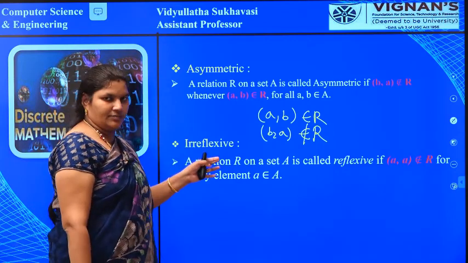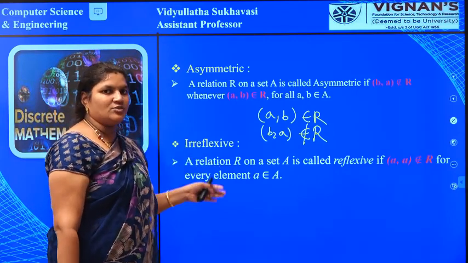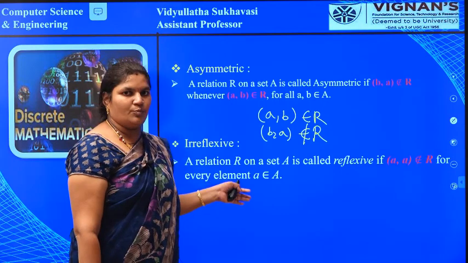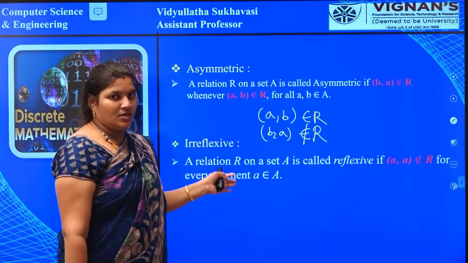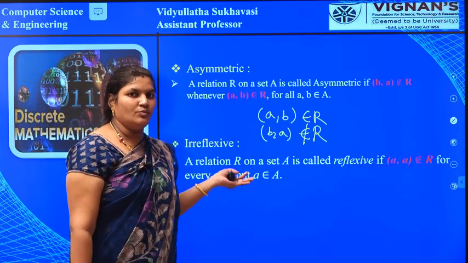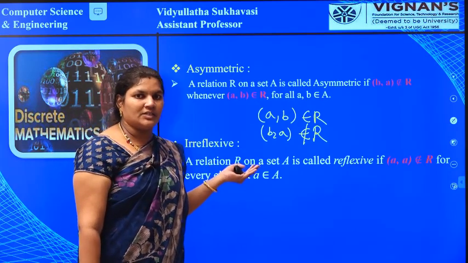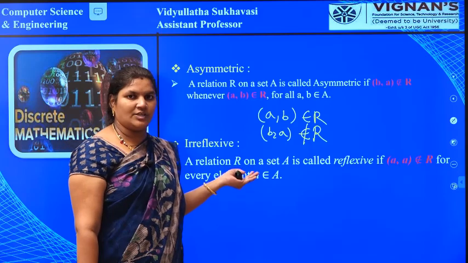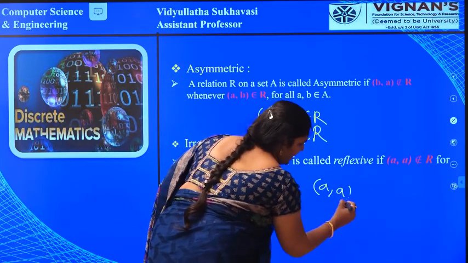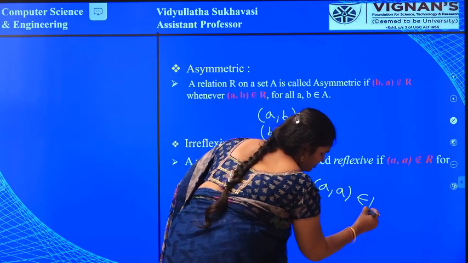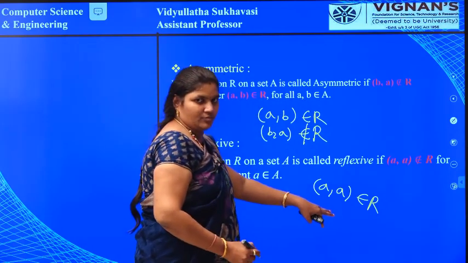Next, irreflexive. Irreflexive means it is the opposite of the reflexive property. What is reflexive? How are we going to check whether the relation satisfies the reflexive property? If the a comma a form exists in the relation R, it is reflexive.